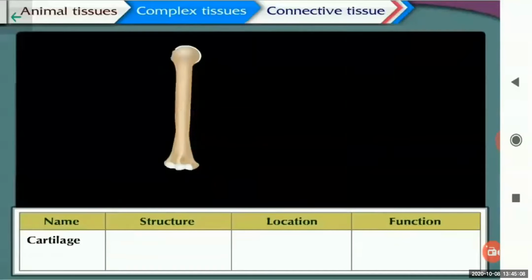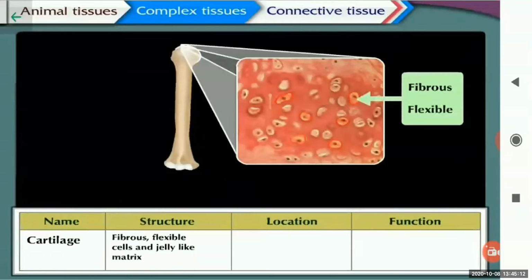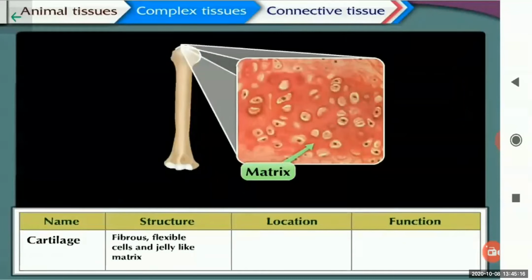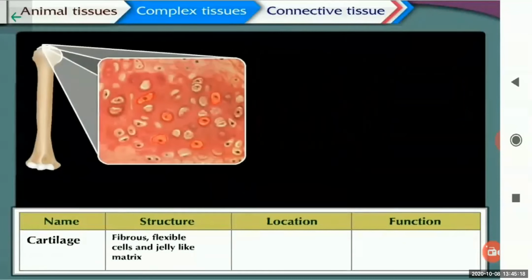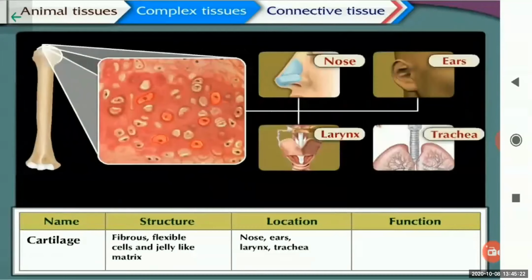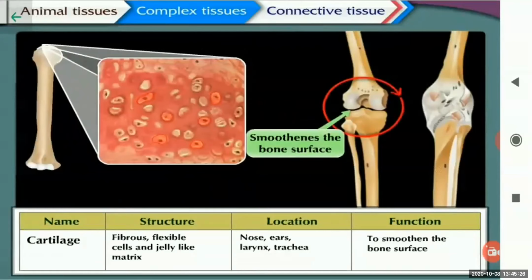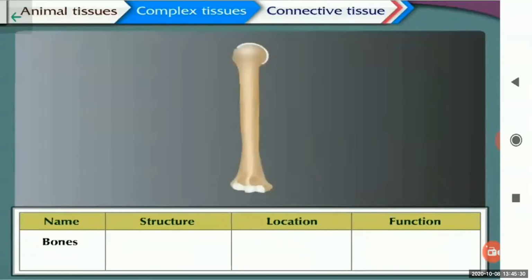Cartilage. Cells present in this tissue are fibrous, flexible, and have a jelly-like matrix in them. These tissues are found in the nose, ears, trachea, and larynx. The cartilage smoothens the bone surface and softens the joints. Bone.